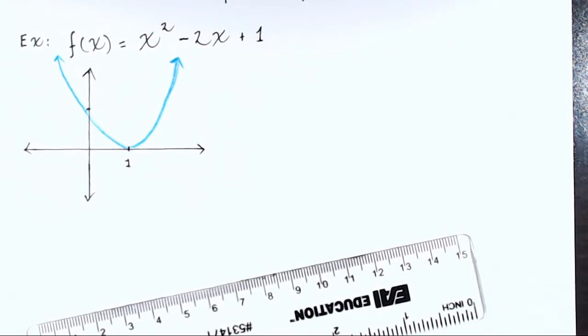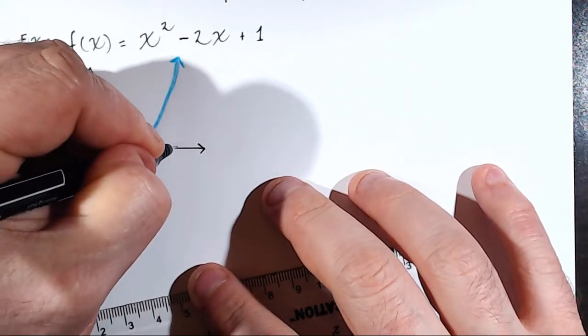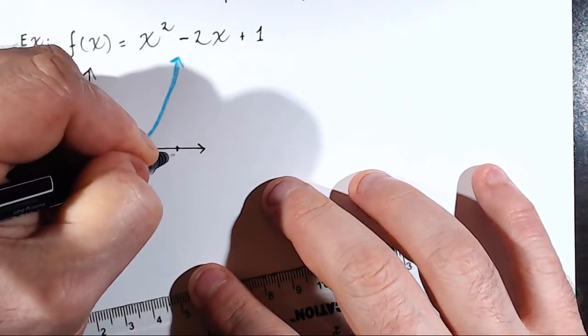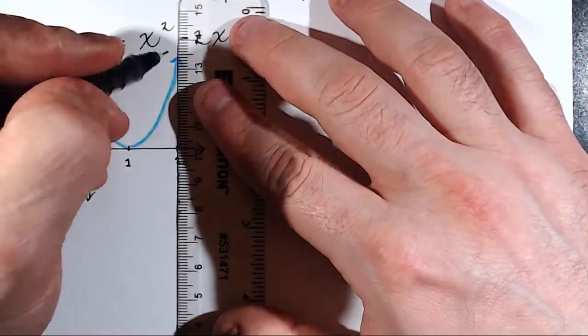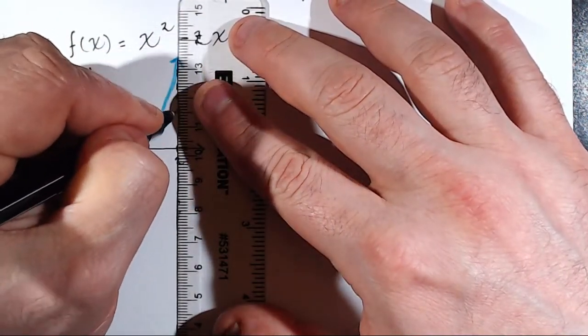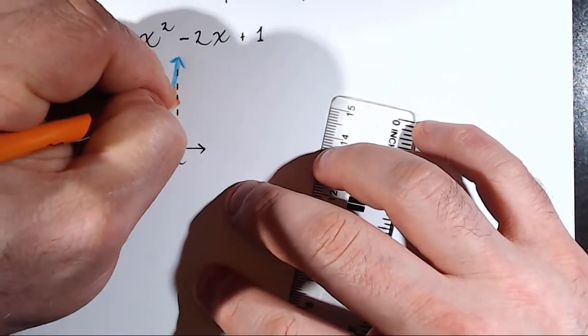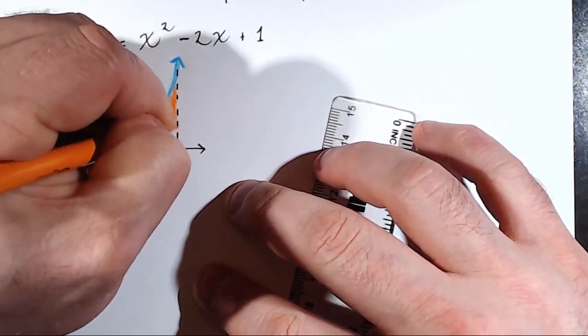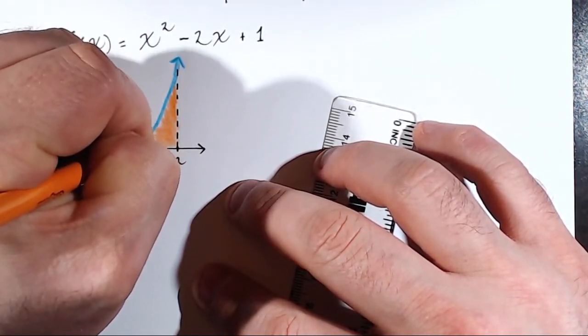Now, first we have to take the integral, and maybe we could say, I would like to know the area under this curve from 1 to 2. I want to know this area right here. I want to know this shaded region right here. What is the area of this shaded region?